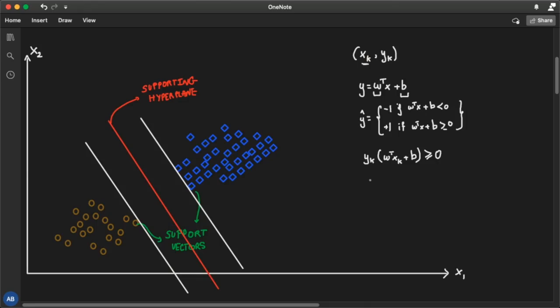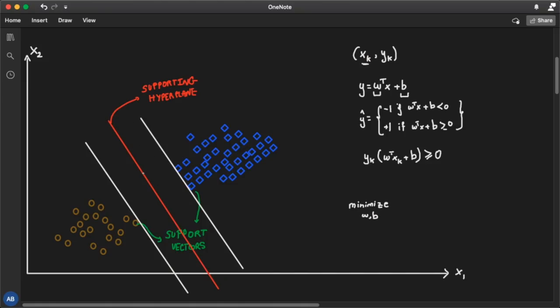So what are we doing here? We are optimizing a certain cost function subject to this particular constraint. So I'm trying to minimize a certain cost, and we'll see what it is in a bit. This optimization is going on with respect to w and b because those are the two quantities that define the hyperplane.